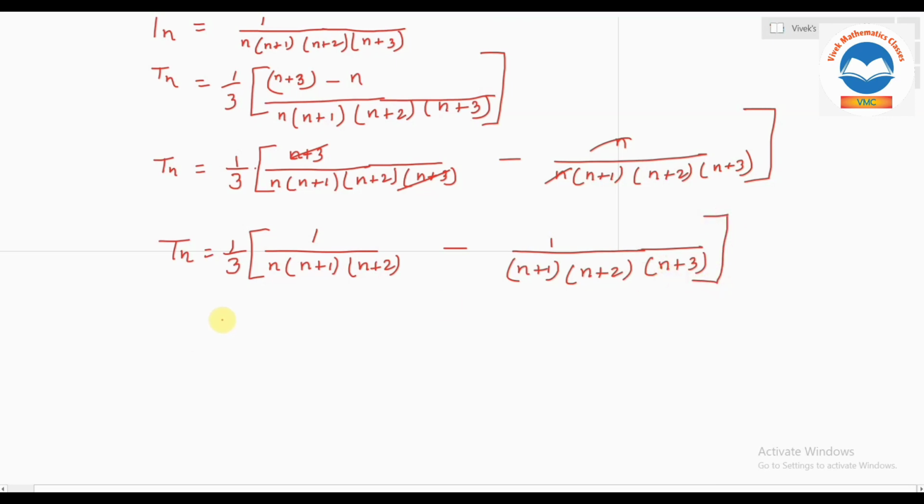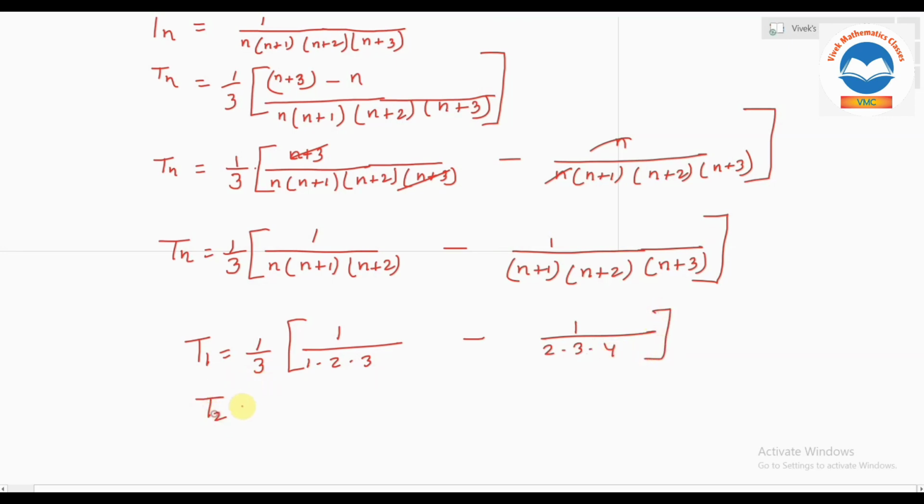So what we'll do? We'll find the first term. What will be our first term? T1. In place of n, you write 1 everywhere. So what will we get? 1 divided by 1 into 2 into 3 minus 1 divided by 2 into 3 into 4.